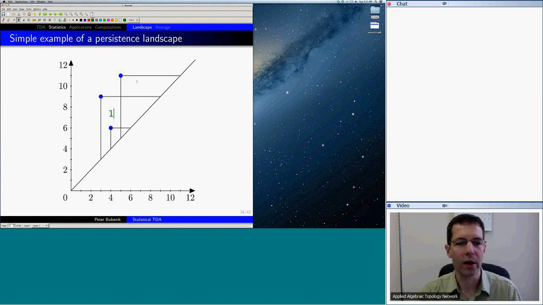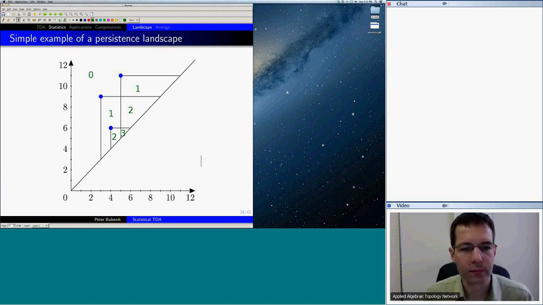So let's put the number 1 in there. And for this region here, the rank function has the value 1. Here you have 2. Out here, value of 0. Value of 2. And a small triangle here, value of 3. My numbers here give us the values of the rank function.